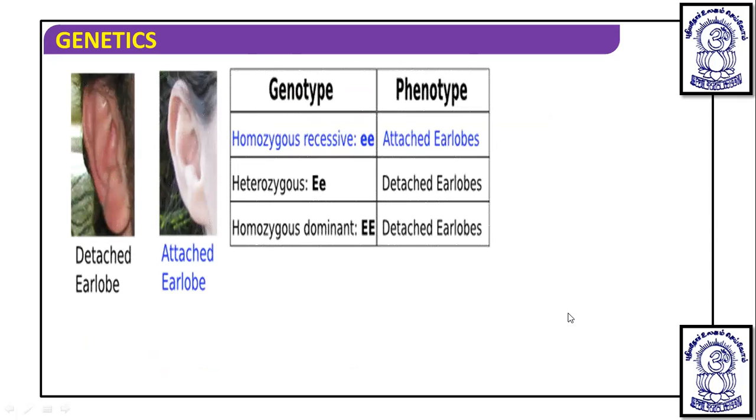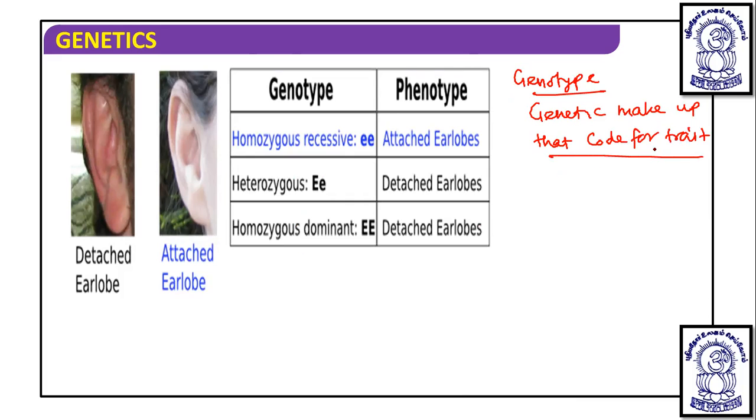See, here I want to make you understand two terms, genotype and phenotype. Genotype is the particular genetic constitution which is responsible for the phenotype, and it can be homozygous dominant, heterozygous, or homozygous recessive. So if we want to express what is genotype, genotype is the genetic makeup that codes for a trait.